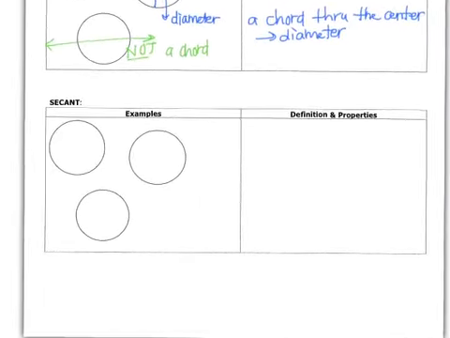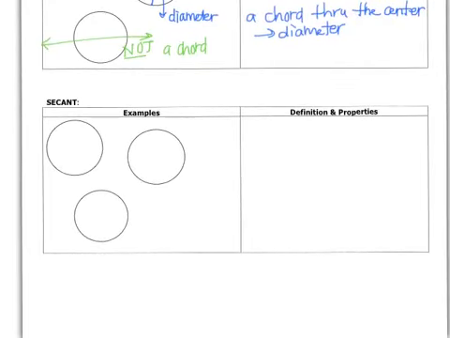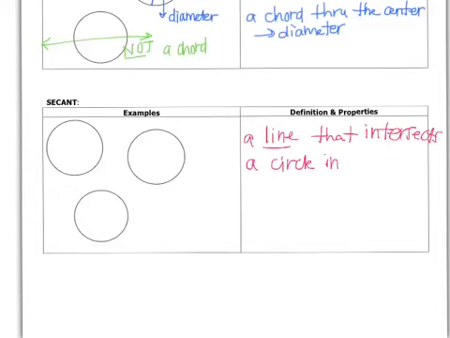A secant is a line that intersects a circle in two places. Okay, so a line that intersects your circle in two places.